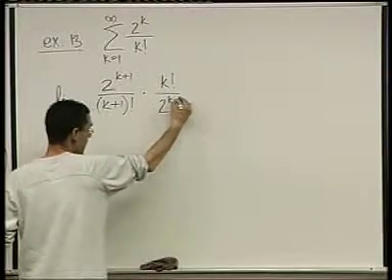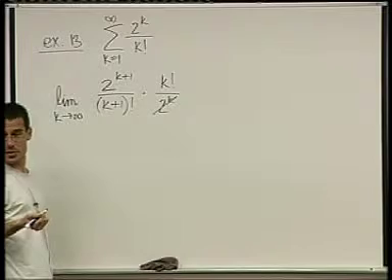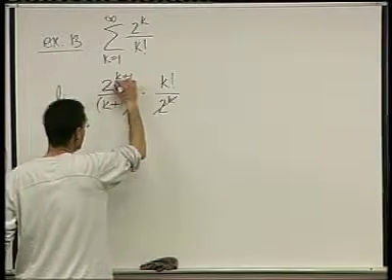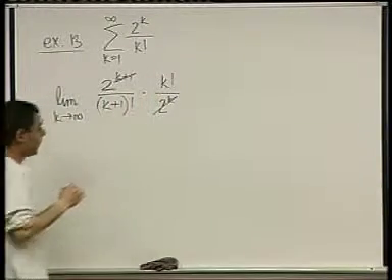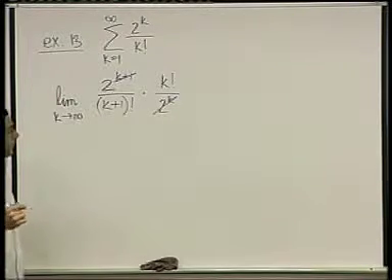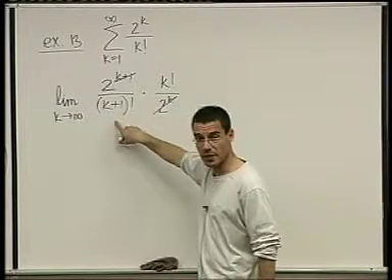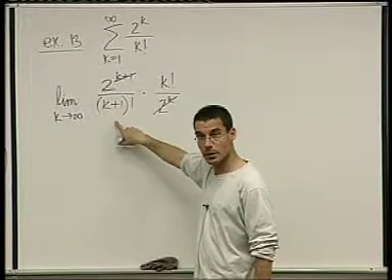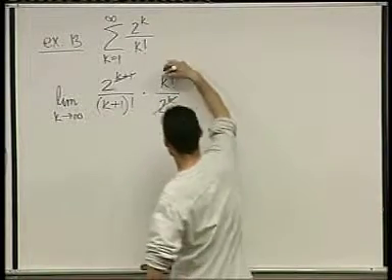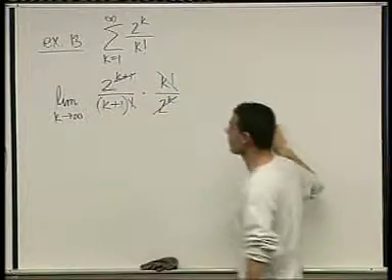So 2 to the k cancels with 2 to the k plus 1, leaving just 2. I'm going to do this not so formal writing, but you understand what I mean. What about k factorial and k plus 1 factorial? Right, so I'm going to cancel k factorial here.